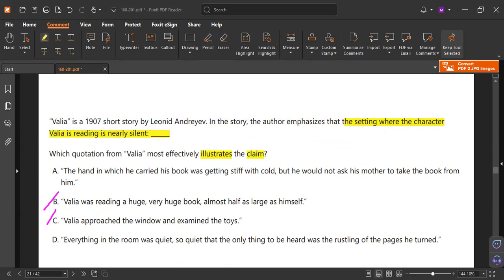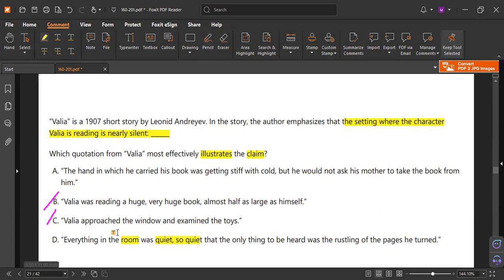Place and the time of action. It's letter D. Everything in the room, the place was quiet, so quiet that the only thing to be heard was the rustling of the pages. He turned. So he said the character is reading in nearly silent. Look, so quiet, only the rustling of the pages. And the setting.